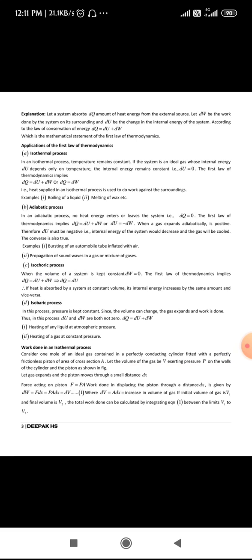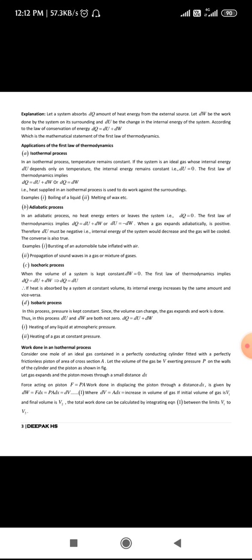If you consider dq as the heat, dU as the internal energy and dw as the work done, the equation comes out to be dq is equal to dU plus dw. I think till here, the mathematical equation of the first law of thermodynamics, we went through in the last class, right?